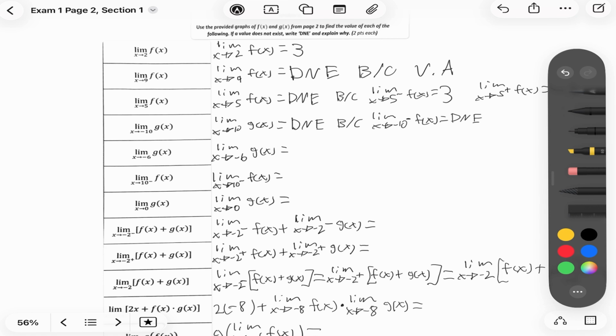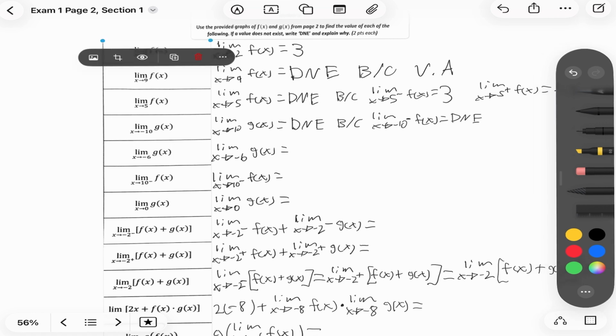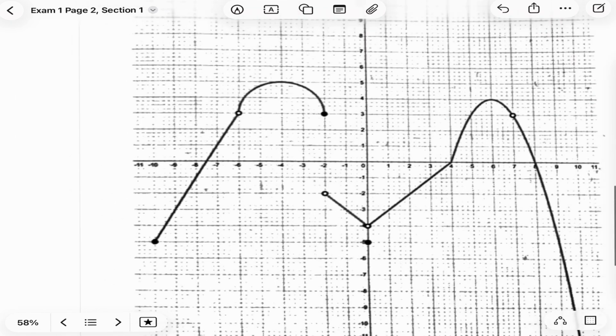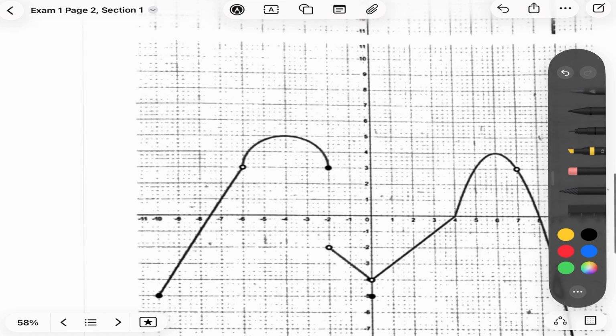Our next one, limit x approaching negative 6 of our g of x graph. We go to negative 6. Now we can see from the left and the right, our answer is 3.